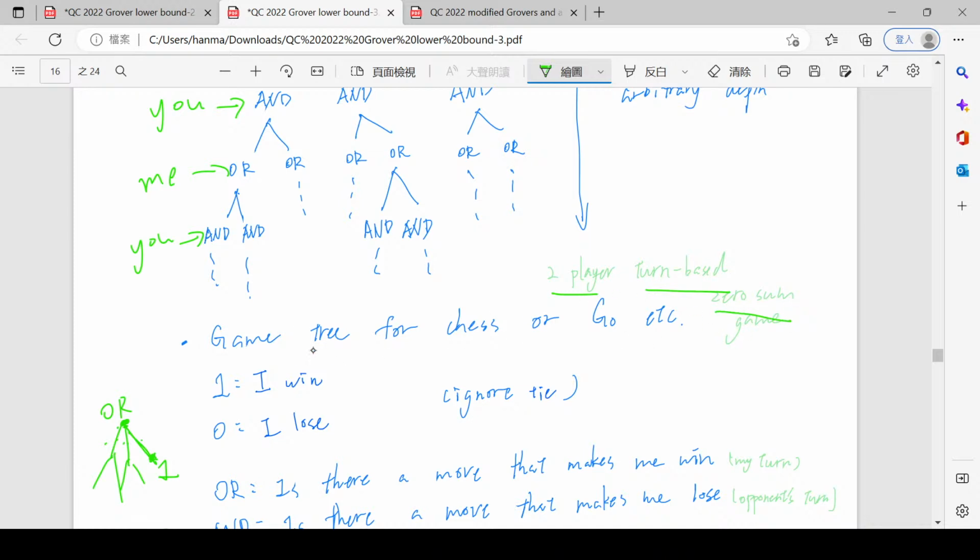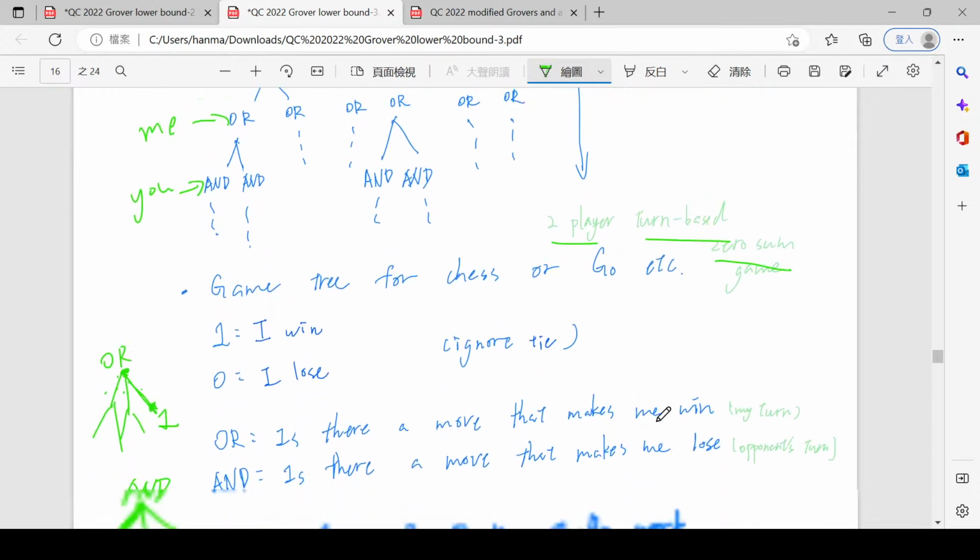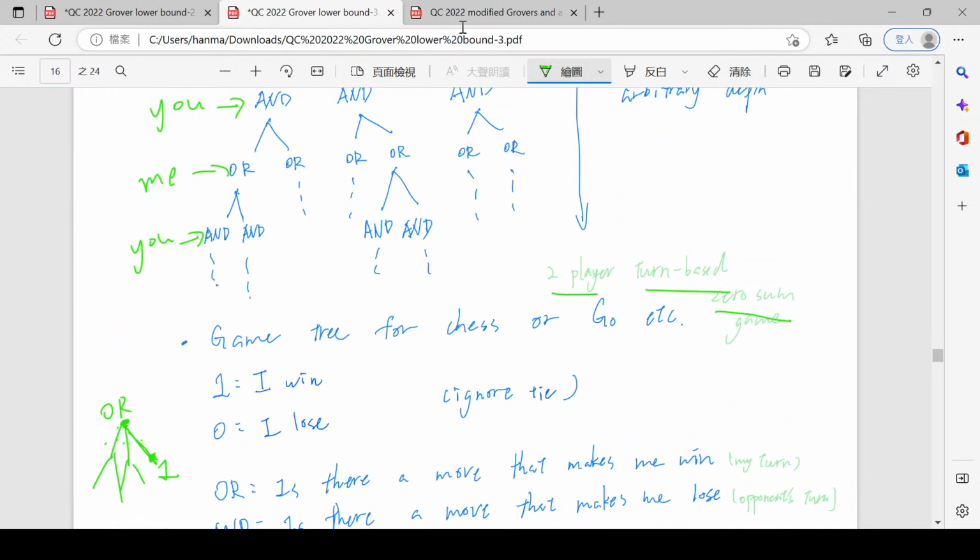Zero-sum means that one of us wins and one of us loses. Actually, this is a bit more restricted than zero-sum, but whatever. I should probably not say zero-sum because it means something else.